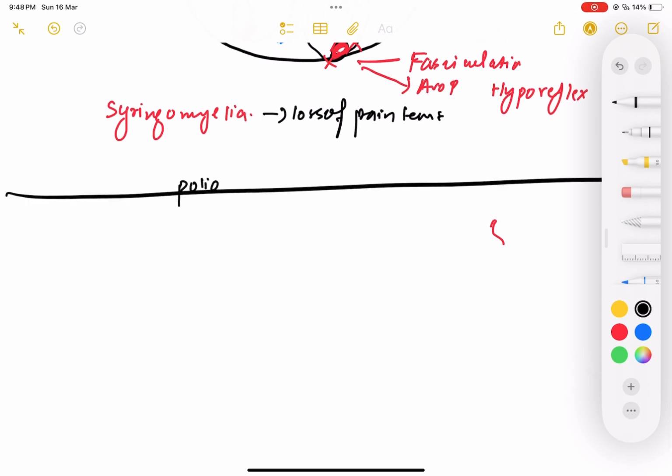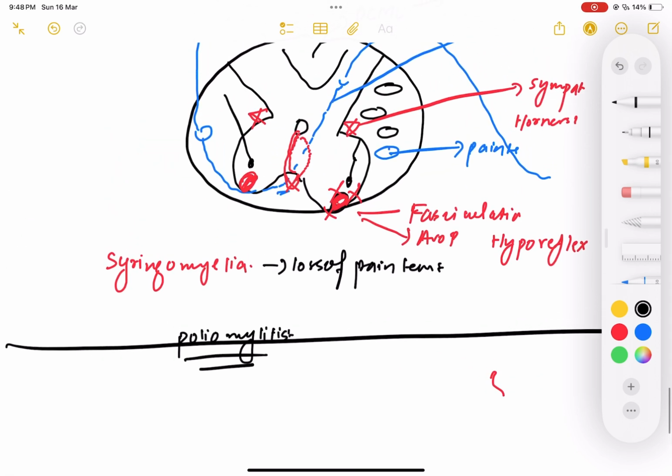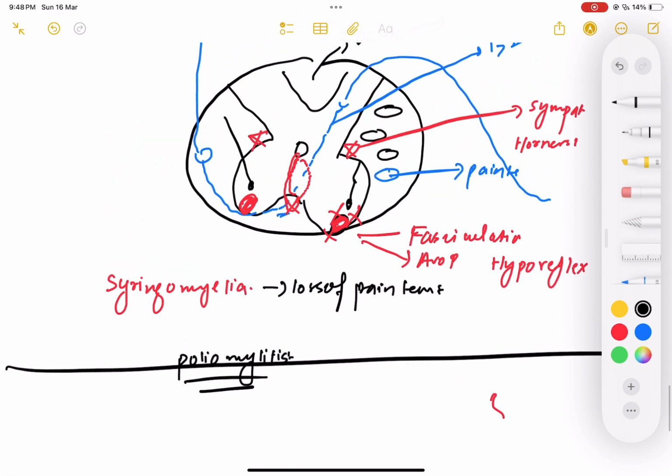Okay. So the next pathology which we are going to discuss is poliomyelitis. You guys are already aware of this virus. It's a poliovirus. It's basically transmitted through the fecal-oral route. And remember, hematogenously it can spread into your central nervous system.